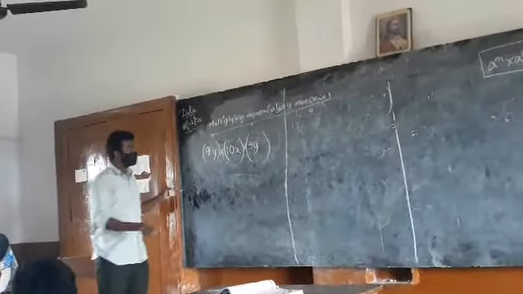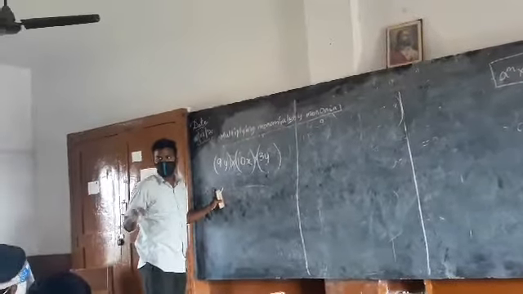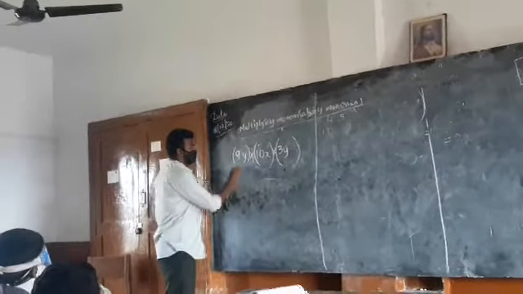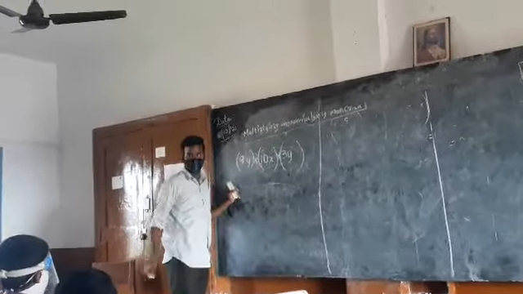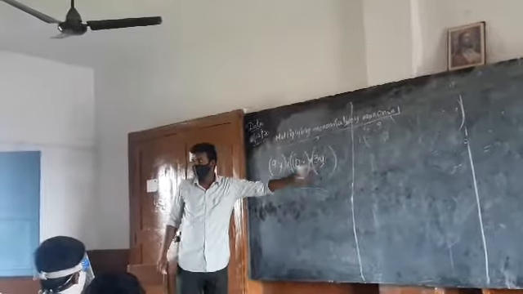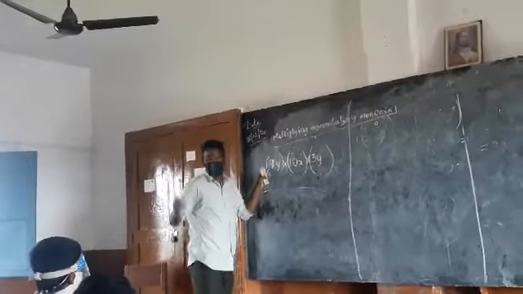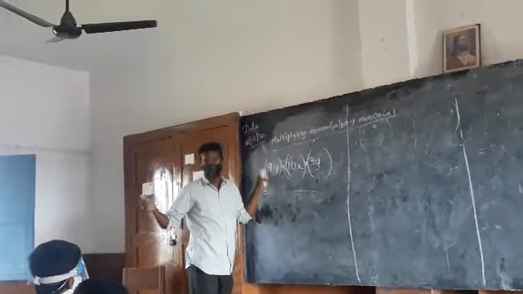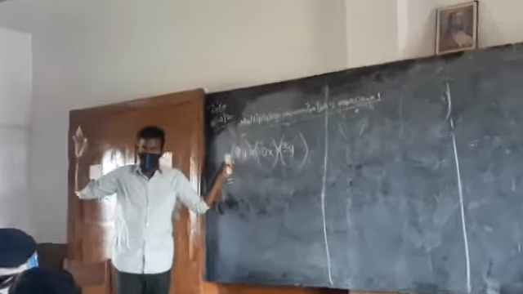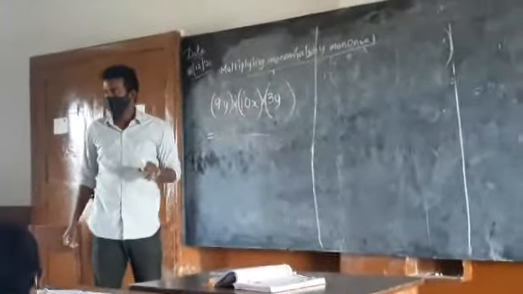So, a similar thing you are going to do. Multiplying the constants first. 9 into 10, 90. Very good. 90 into 3, 270. Luckily, we are done with all positive signs.